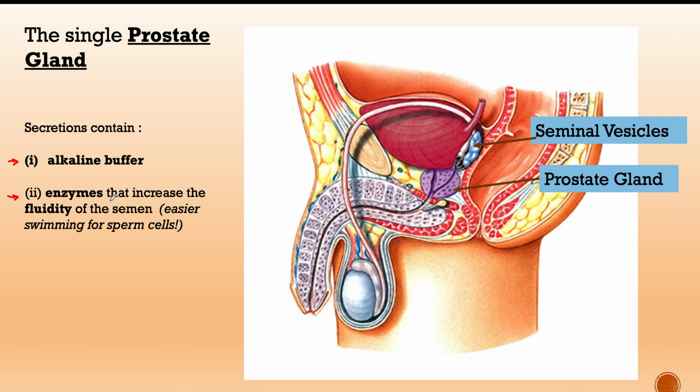The enzymes from the prostate gland are released, and their purpose is to help the sperm cells swim. They do that by, as it says here, increasing the fluidity. So they're basically partially digesting the thick secretion, so that it's a little easier for the sperm to swim through.